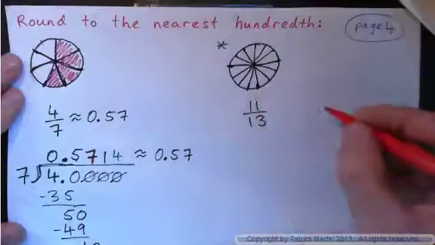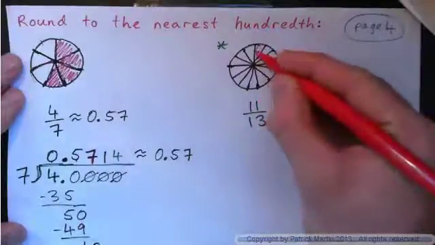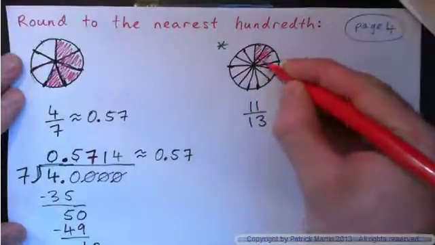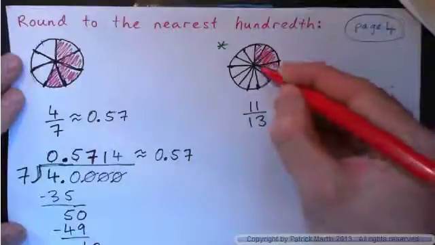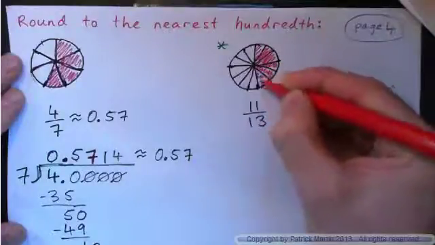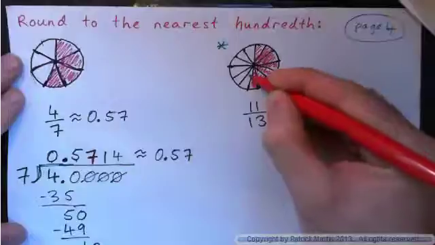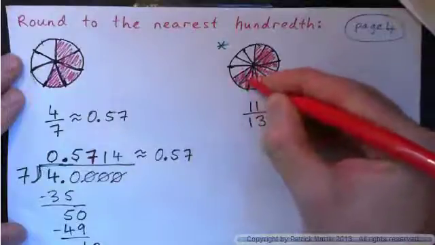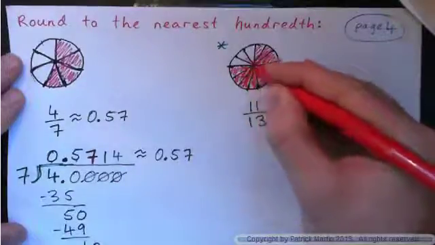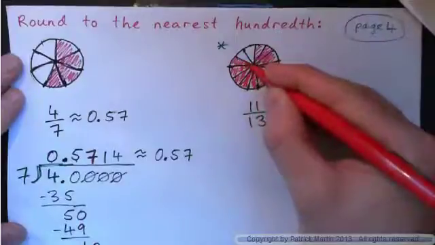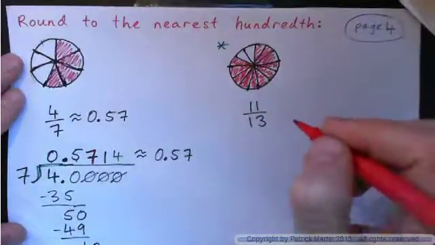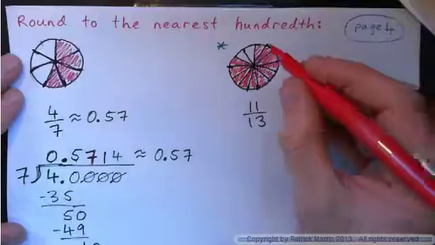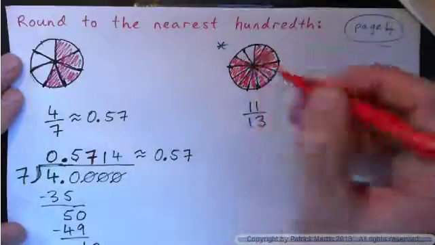So if I shade 11/13, let's see, 1, 2, 3, 4, 5, 6, 7, 8, 9, 10, 11. It's definitely more than a half, isn't it? I only have 2/13 left to go.